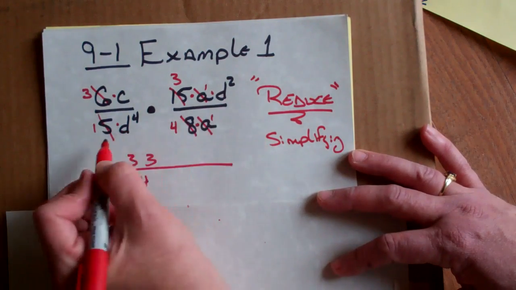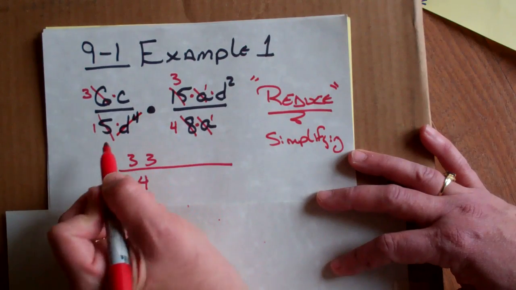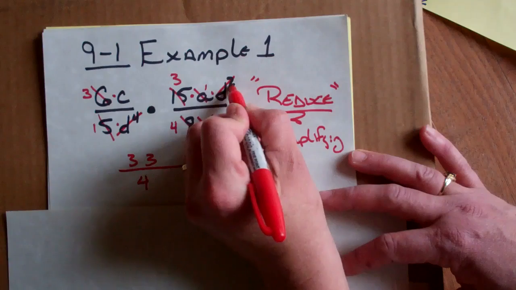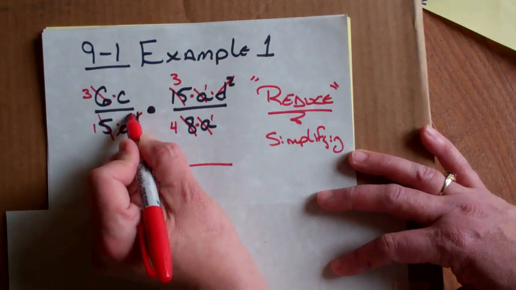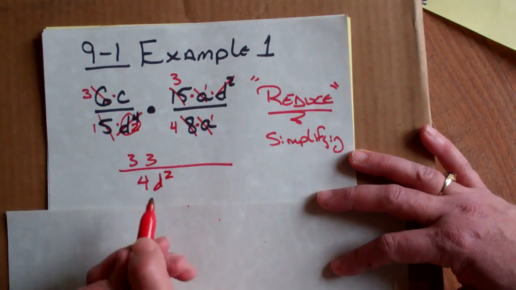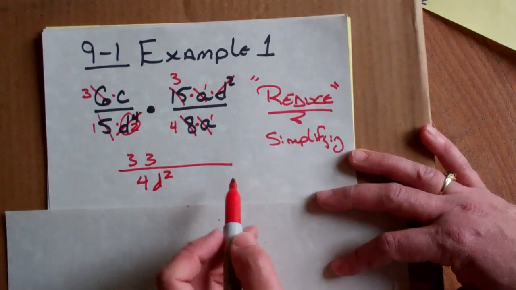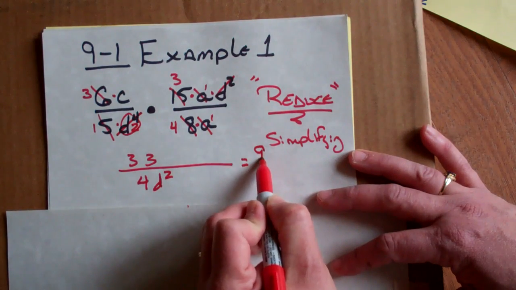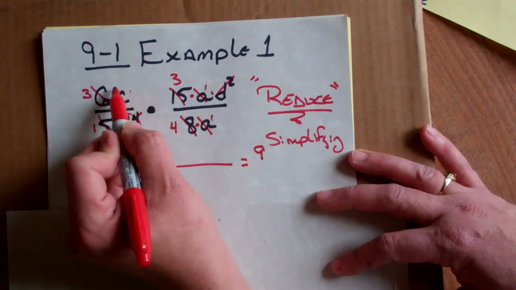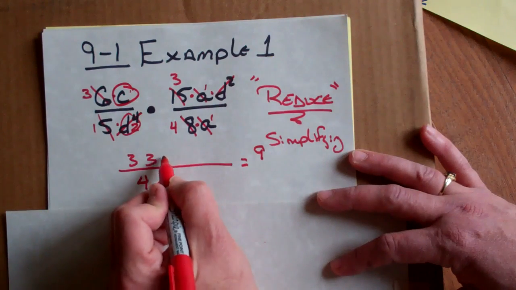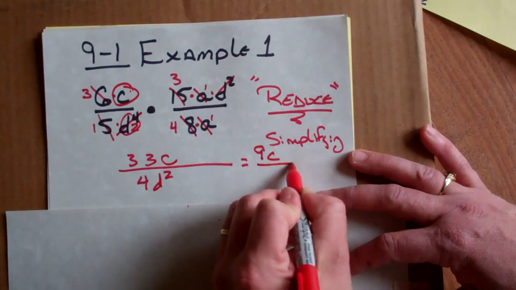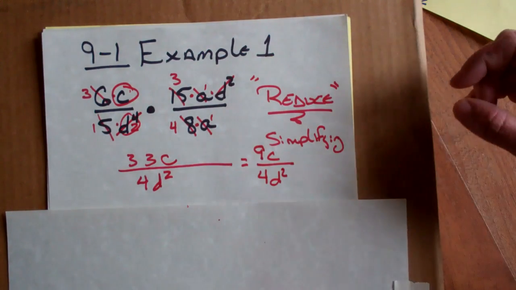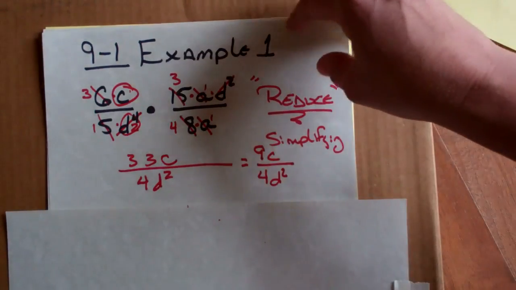Then d to the 4th and d squared: I can reduce d to the 4th with d squared, leaving 2 d's down here, d squared. If I go ahead and multiply this out, multiplying through the top, I get a 9. Oh, I forgot a factor. See, it's important to not lose those. There would be a 9c on top and a 4d squared on the bottom. That's example 1. All factors.